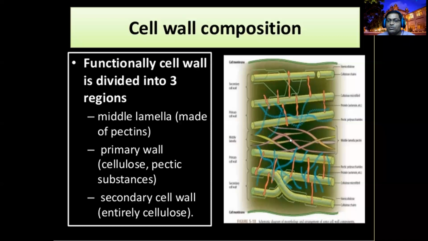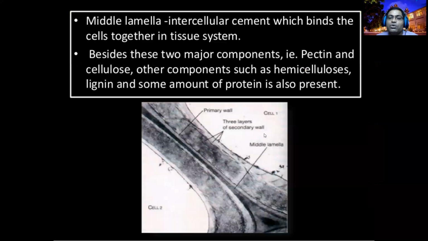The cell wall composition, how it is made, is shown in the electron microscopic picture. The middle lamella and primary and secondary cell wall all together form a cell wall. The middle lamella is made of pectin and semipectins.